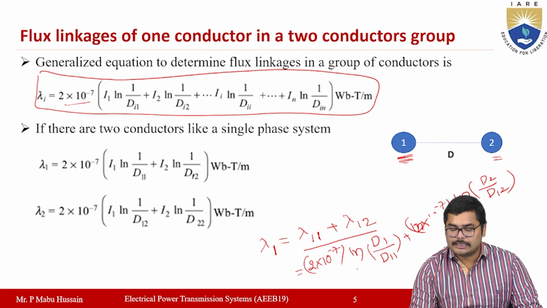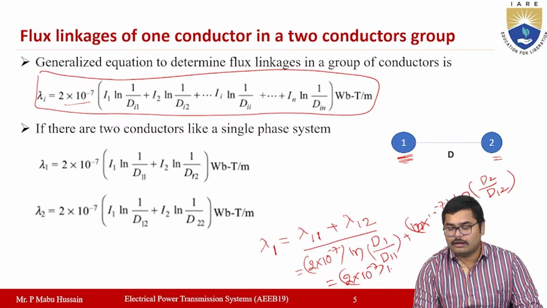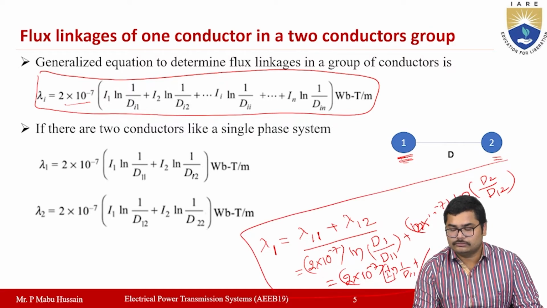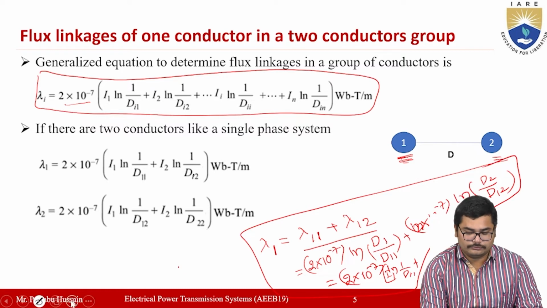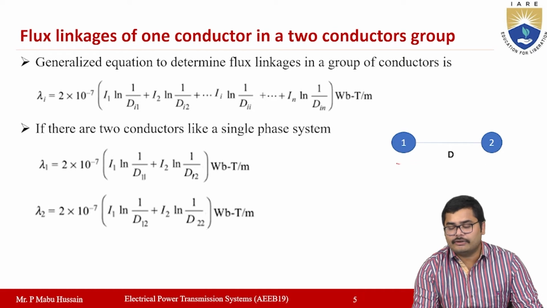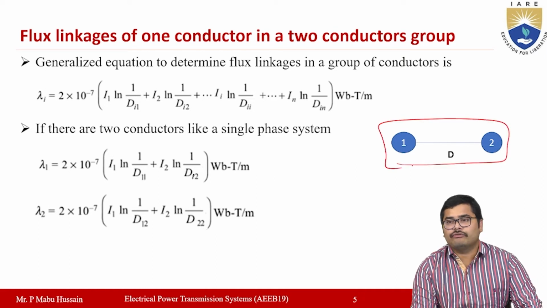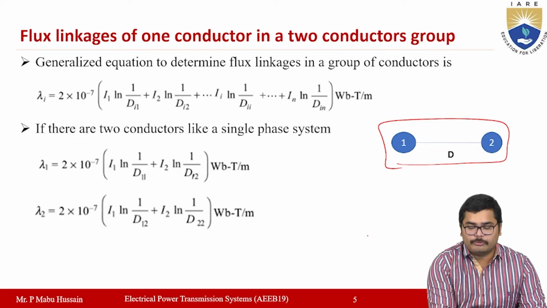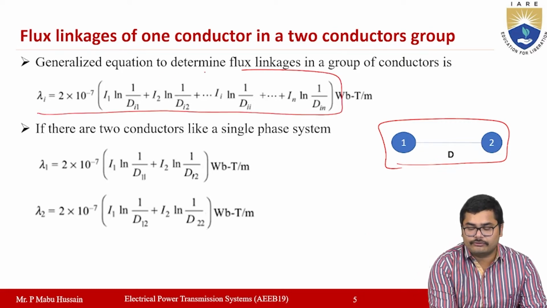Okay, so from this expression you can write 2 into 10 power minus 7 ln 1 by d11 plus, so this is I1. Right, see if there are two conductors in a single phase system, the flux linkage of the first conductor due to current flowing in both the conductors you can write by using this generalized equation itself.